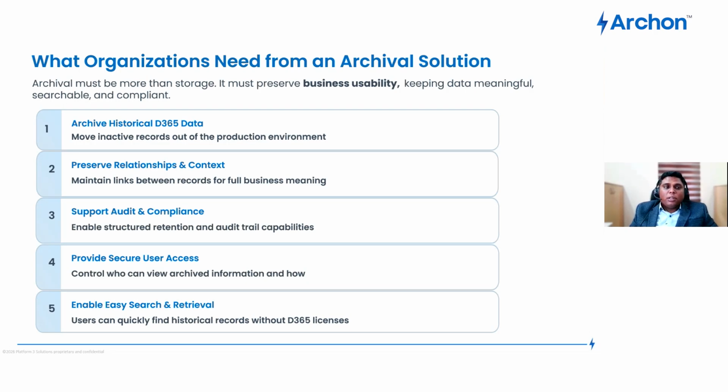It's not just making the entire archive data dependent on certain IT teams, rather giving access to the end users so that they can easily fetch the data back from the archives whenever they want to. And obviously reducing the D365 license enforcement, so that we separate out the operational versus historical data.